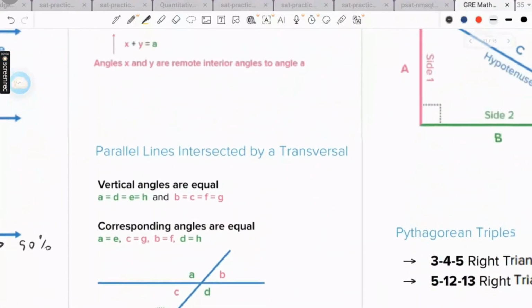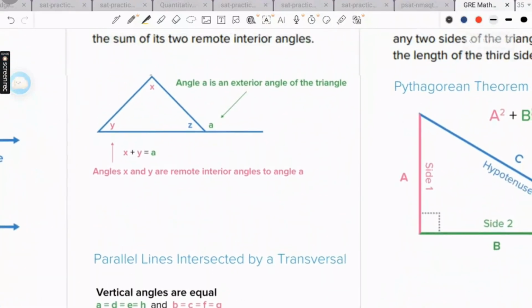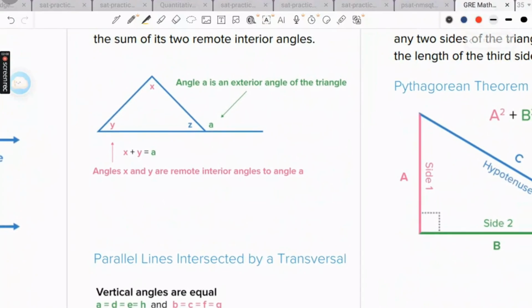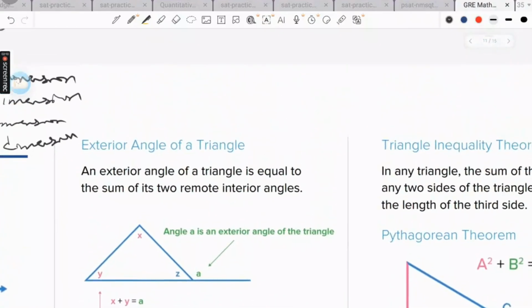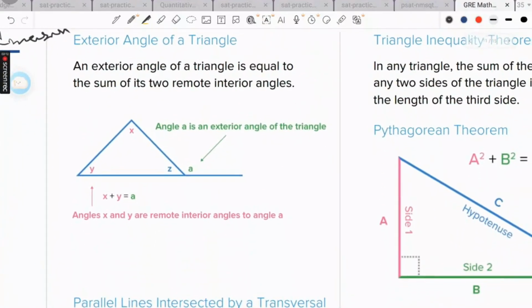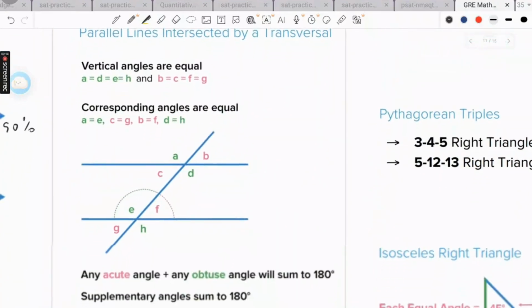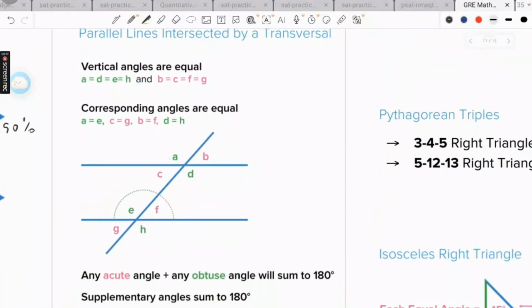We now move to this. Because we are using this note the way it is, it would have been better if we tried here first. Let's look at this. A equals D, B equals C, E equals H, F equals G. Then finally, if these two lines are parallel, let's say line M is parallel to line N, then A equals E. We call it corresponding angles.